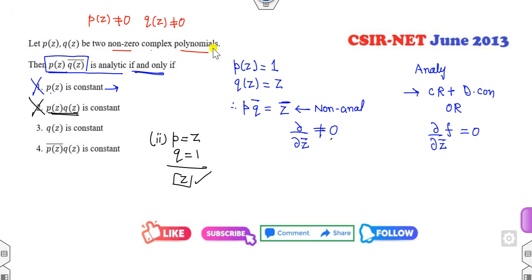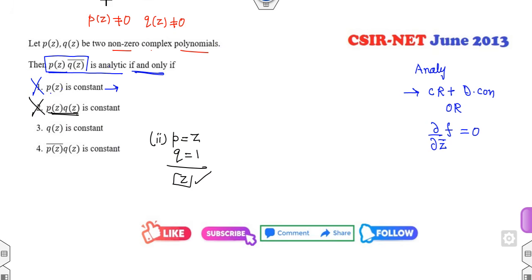Now look at the third and fourth options. Q is constant. If Q is constant, the complement is also constant. So if I take Q as 1, what value of P can I choose? I can choose P as z.